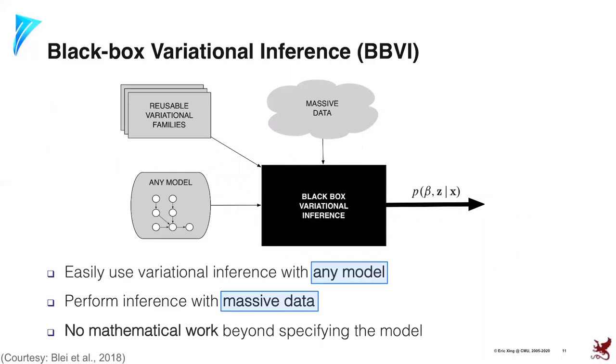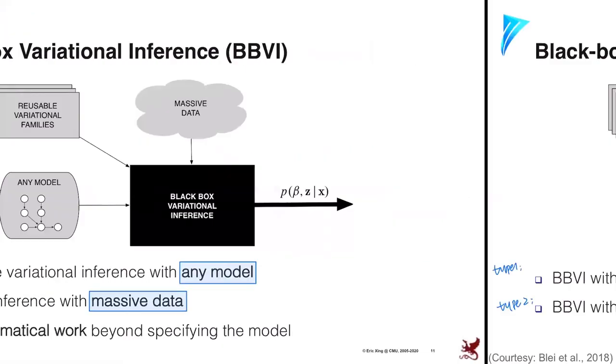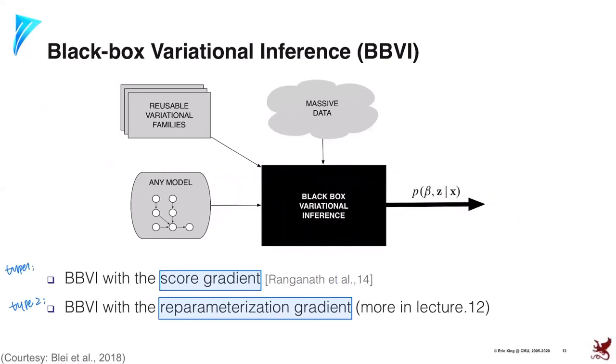In terms of BBVI, there are two different types. One is BBVI with the score gradient, and the other is BBVI with the reparameterization gradient. The latter one is the foundation of the variational autoencoder, VAE.